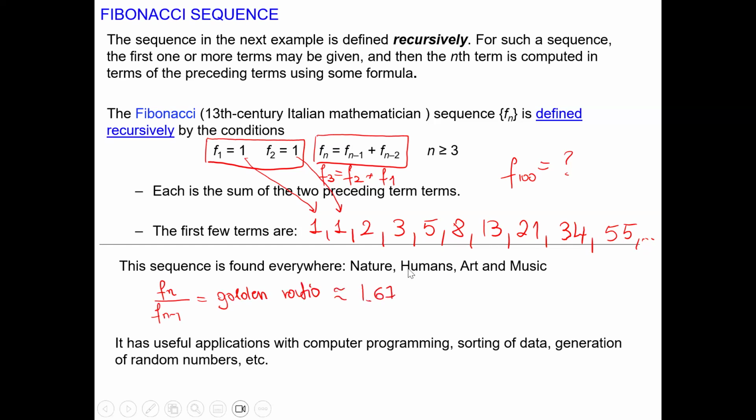You can try, you can divide 3 by 2, 5 by 3, 13 by 8, 21 by 13, and so on. You will always get this. Okay, magic. These numbers are used everywhere, even in computer programming. And we have a couple of software engineers in this classroom, future software engineers.